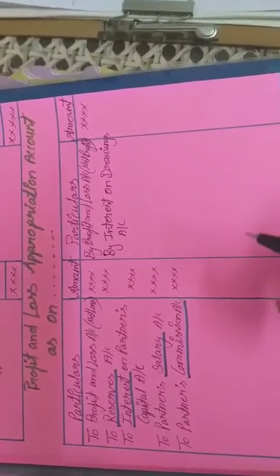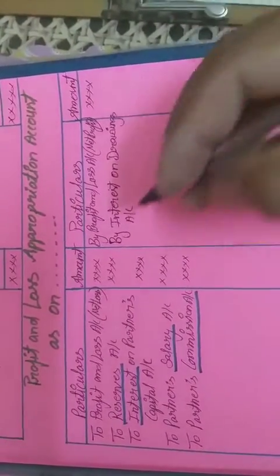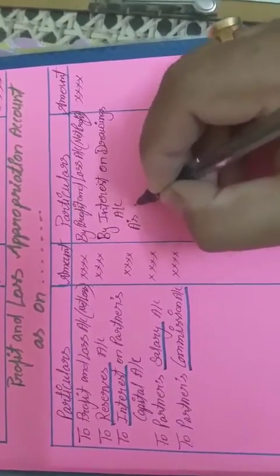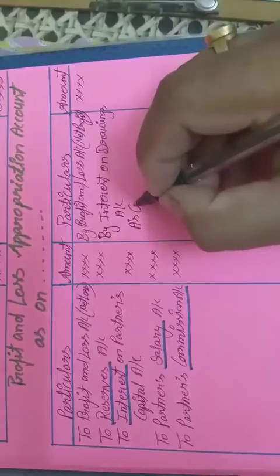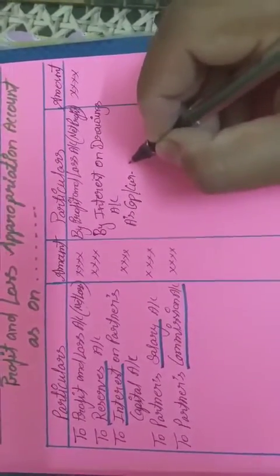It is not related to partners, it is related to the partnership firm. Only the partnership firm prepares profit and loss appropriation account. Partners do not prepare it in their accounts. If there are 2 or 3 partners, we have to show here that it is transferred to A's capital or current account.